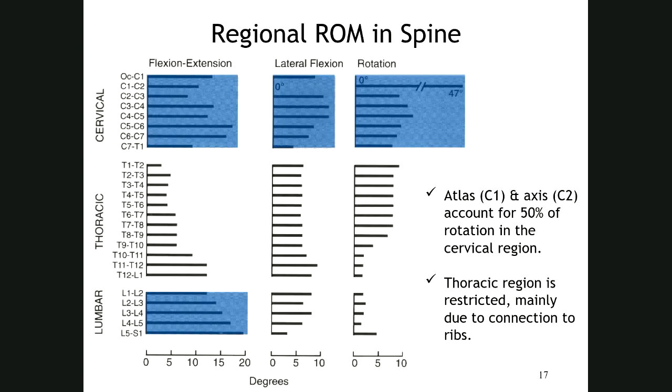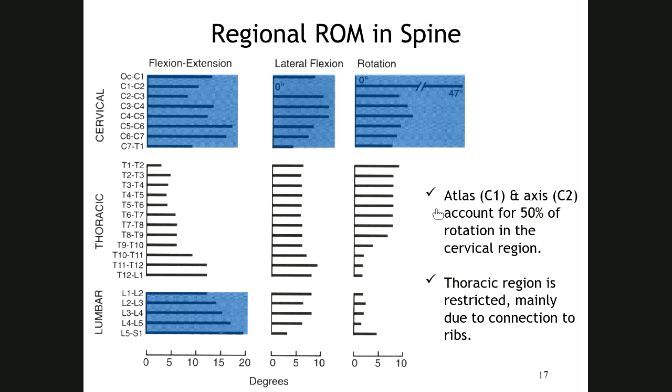Looking at this chart, the next slide, there's some regional range of motion in the spine. This tells you a little bit about how much motion is in each of the units. The two bullet points here are the most important. Atlas C1 and C2 account for 50% of the rotation in the cervical spine. So they do a lot.